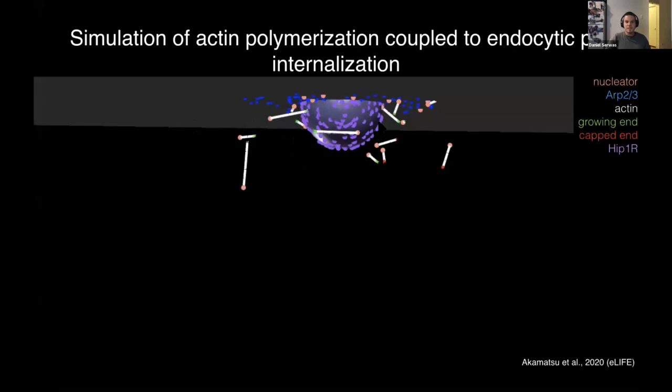So we have an endocytic site in the center. In purple, we have these HIP1R molecules at the ring around this endocytic site. We have pre-activated ARP2/3, and we have free-floating short actin filaments inside the cytoplasm.